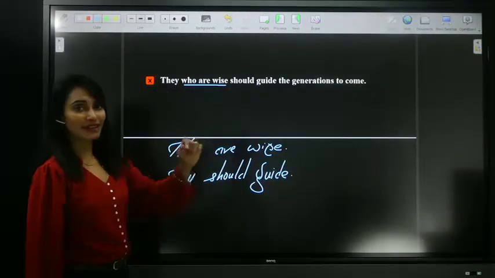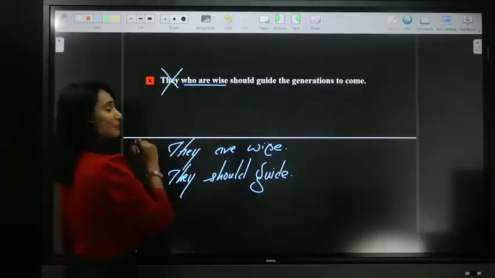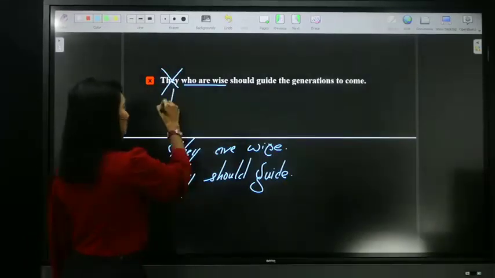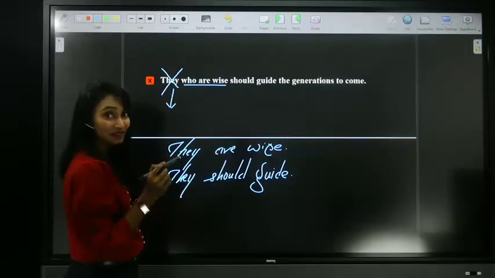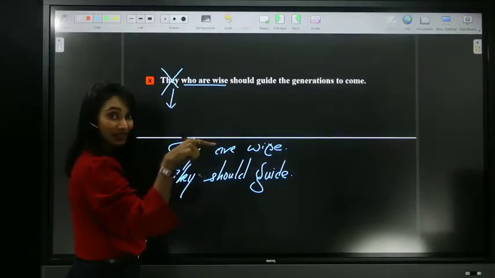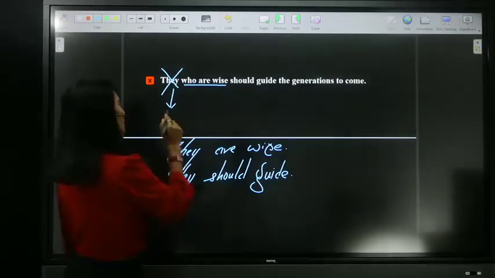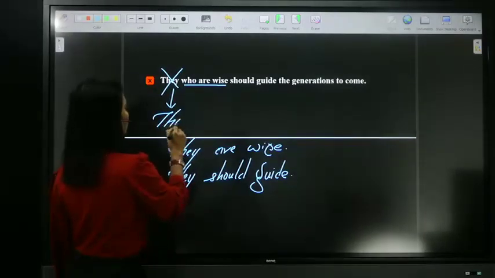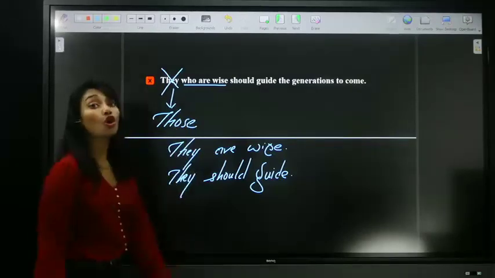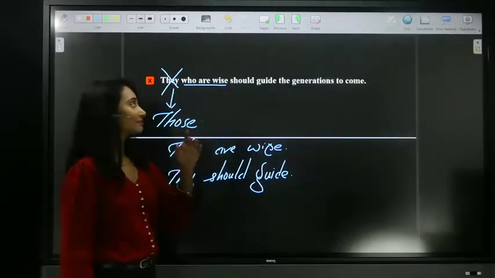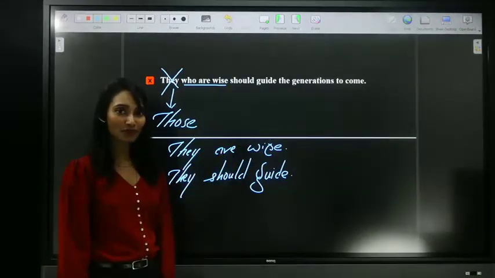They who are wise is inappropriate. We require plural, but not they. Again, we are not referring to someone who is close. It's a generalized statement. In a generalized statement, we use those who are wise should guide the generations to come.